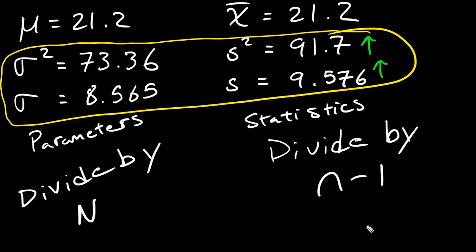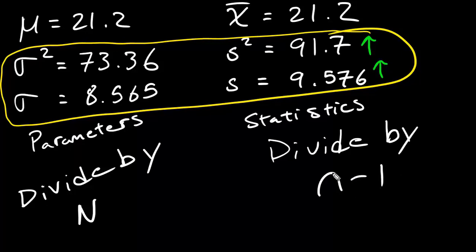When we're looking at a parameter, we're looking at a population, and we have all of the data for it. So we have all of the pertinent information to calculate the variance, standard deviation, and so on. But when we get sample data and we're calculating the statistics, we don't have all of the pertinent information.